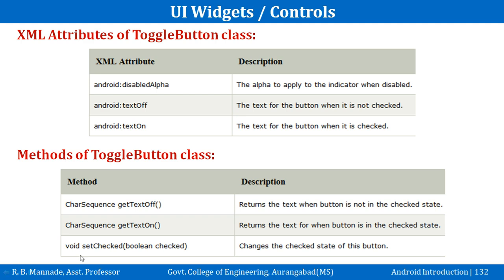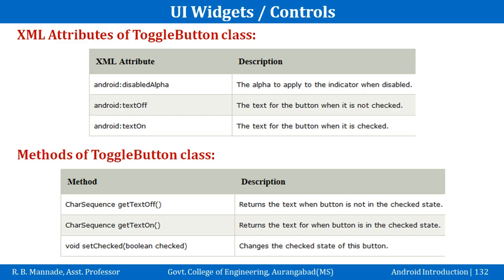The third method is called setChecked, which returns nothing. It means its return type is void, but it accepts one parameter which is of type boolean. It may be true or it may be false. This setChecked method is used to change the checked state of the button.